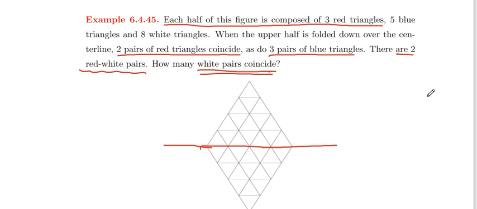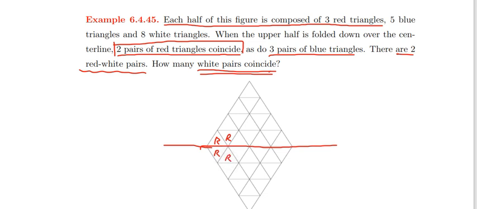So let's say we have two pairs of red triangles. Suppose this one is the red one, so this is one red pair, and we put it here, red one.